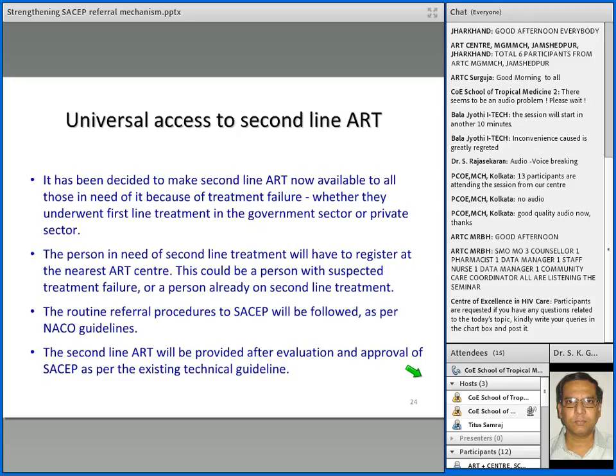Once the person gets registered at the ART center, it will be the responsibility of the ART center to send the referral to the SACEP, maintaining the usual procedure and mentioning the patient in the others category, that he is already on second line or getting first line from the private sector, whatever may be the case. The second line ART will be provided after evaluation and approval of SACEP as per the existing technical guidelines of NACO.